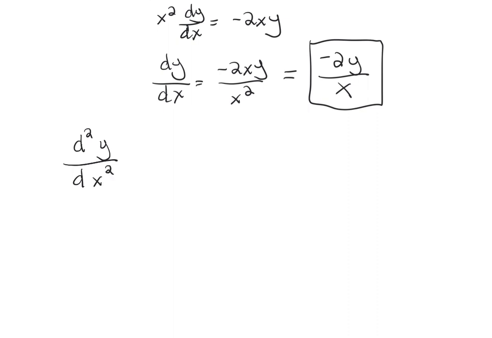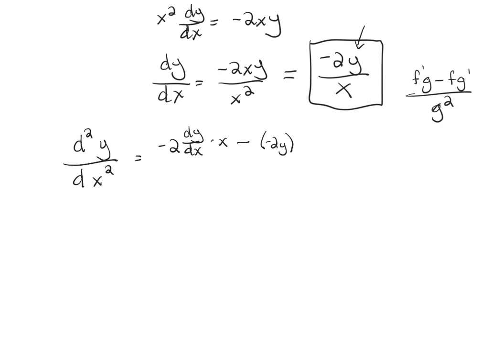So I still have an implicit equation, and now I have the quotient rule. Derivative of the first times the second minus the first times the derivative of the second, all over the second squared. The derivative of the first is -2 dy/dx times x, minus the first, which is -2y, times the derivative of the second, all over the second squared.